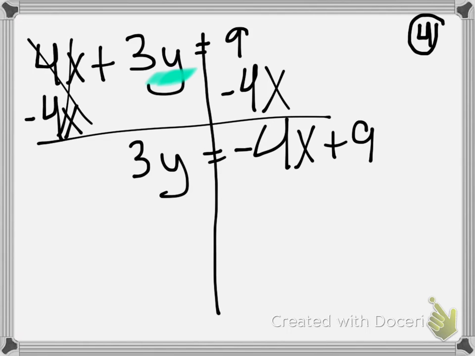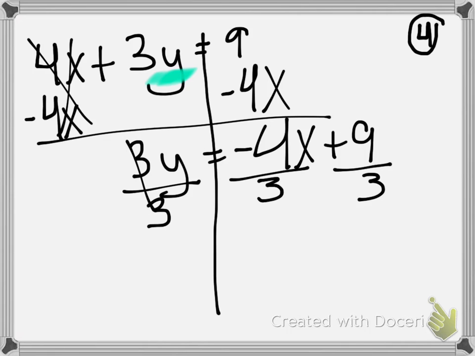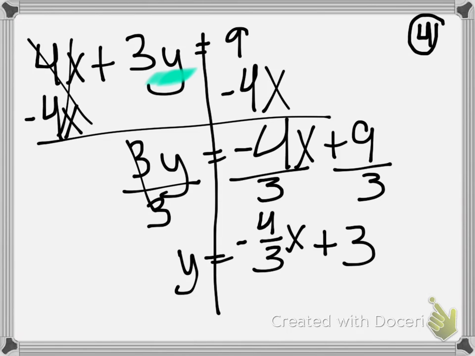Okay, one thing left, and that's to get rid of 3, so I'm going to have to divide by 3. And this one's going to end up looking a lot more like one you're used to. Y equals negative 4 over 3, which is my slope, x plus 9 over 3 simplifies to 3. Okay, so I have y equals mx plus b. So all my components are there. It is in slope form.